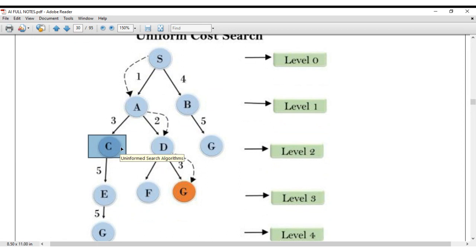If C has a 60% cost rate, it means that E and G have higher cost rates. So once it finds C has 60, it leaves it there.